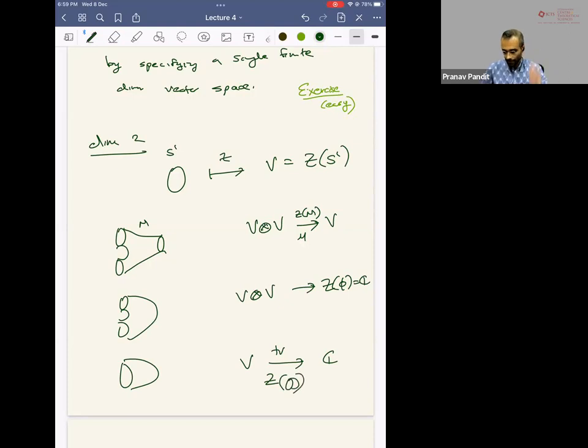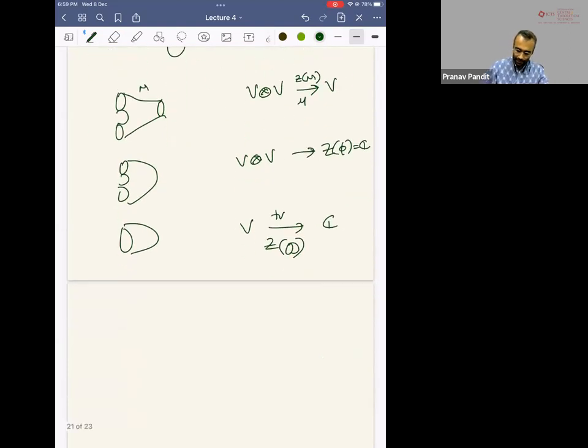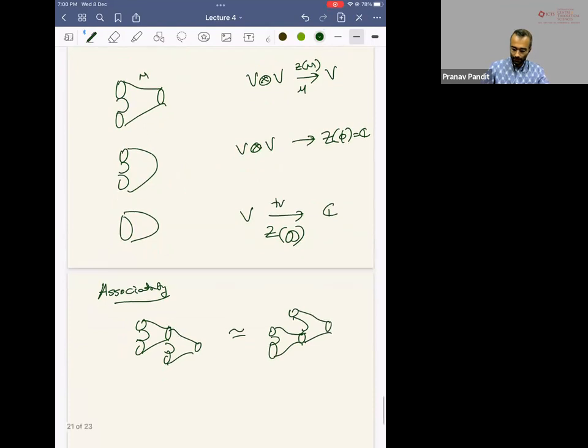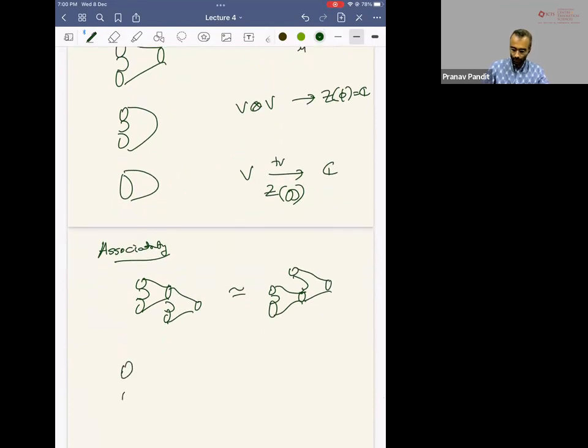Okay. And you can check that you get associativity by looking at this picture, because this picture is homotopy equivalent to this picture. This gives you associativity, and similarly, you have commutativity, which comes from the fact that this picture is equivalent to this one.